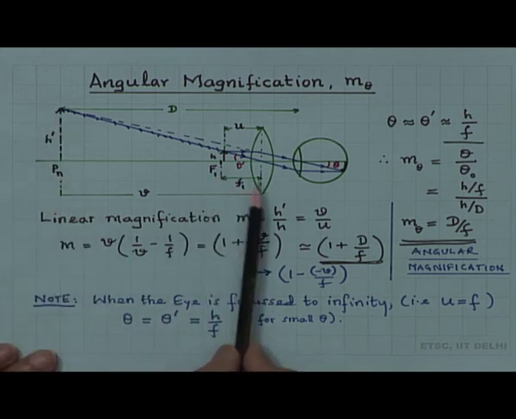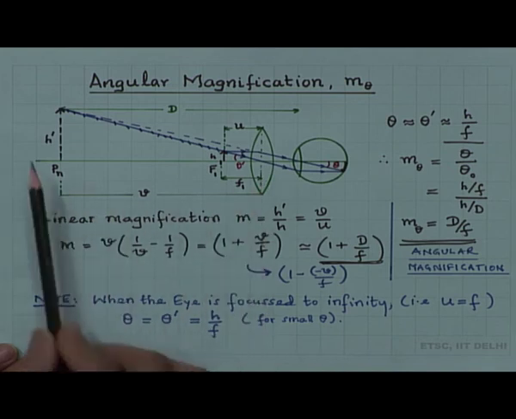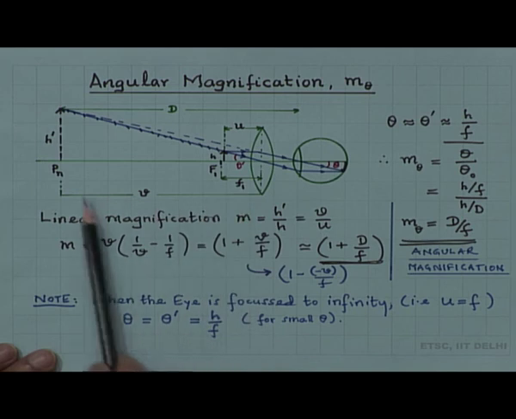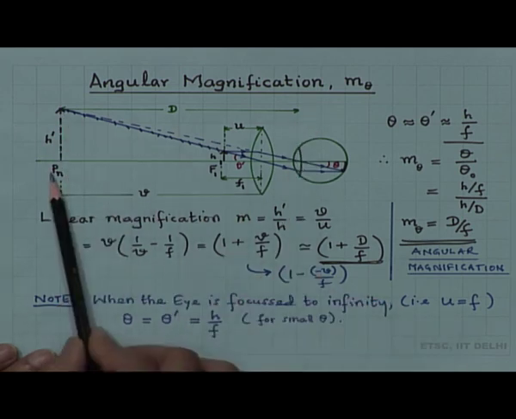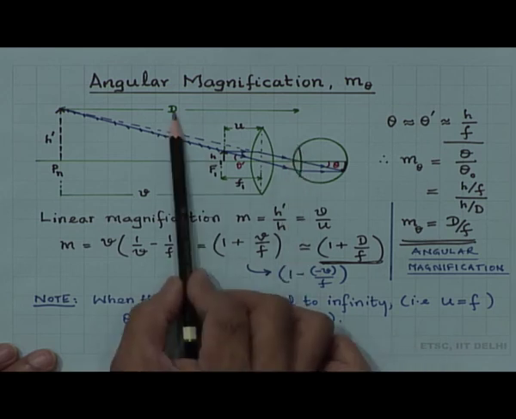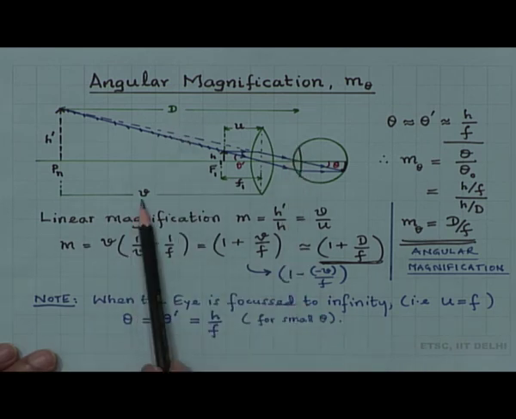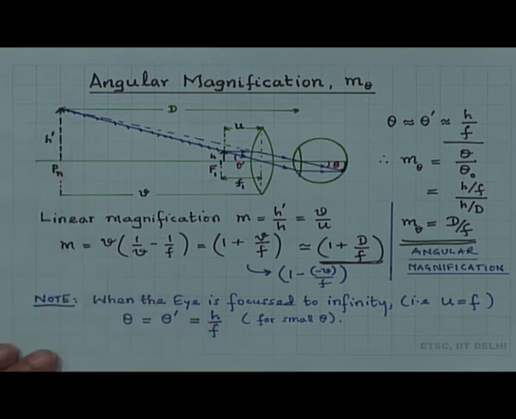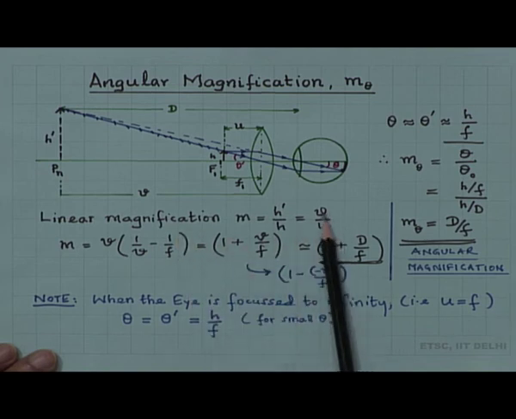So, we have placed the lens such that the virtual image is formed at the near point, therefore v is nearly equal to d. The near point is the distance d away from the eye, which is 25 centimeters, and the virtual image is formed approximately here or maybe a little further. Therefore, the linear magnification is equal to v by u.